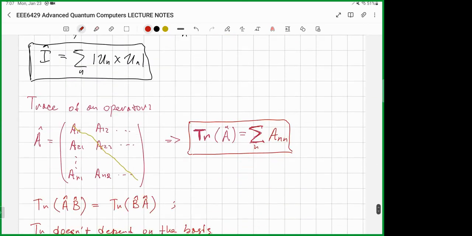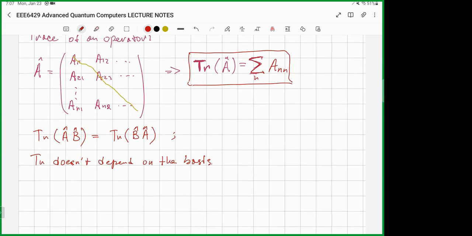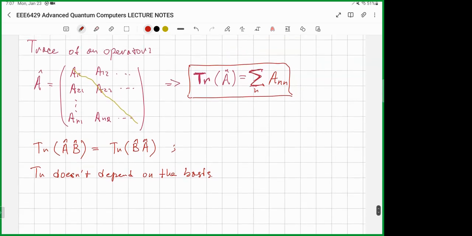But the function that the operator does, of course, doesn't change with the choice of the basis. And the trace doesn't depend on the choice of the basis, and this is something important for the following.